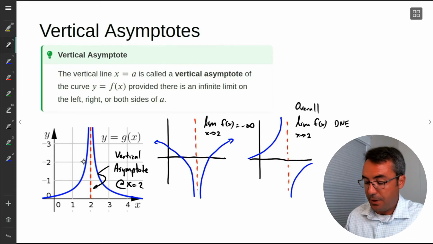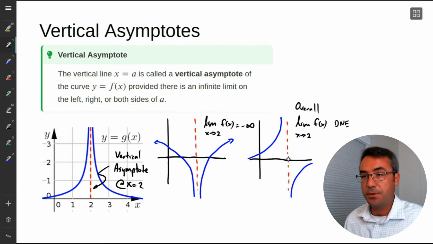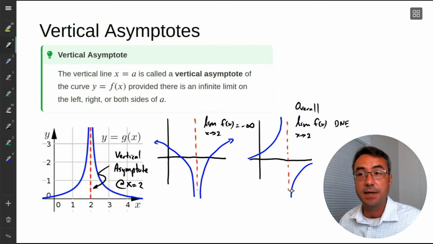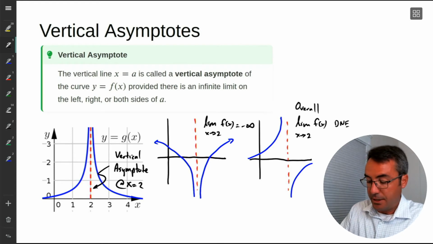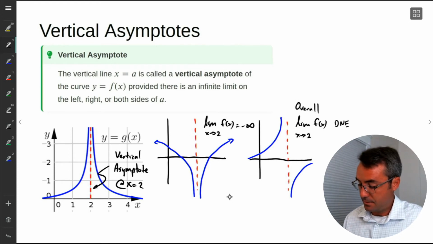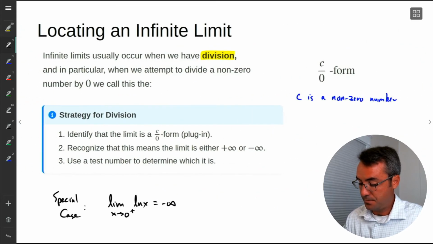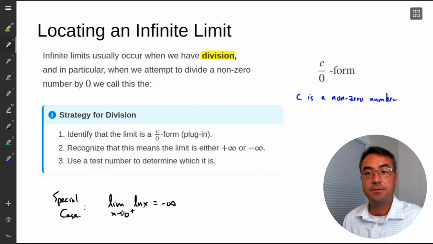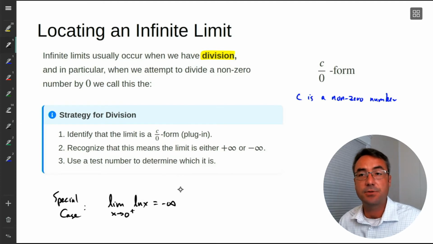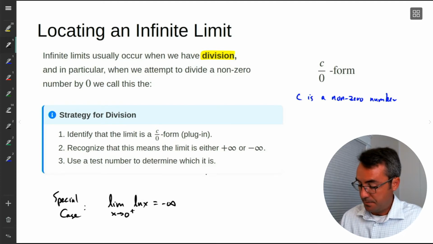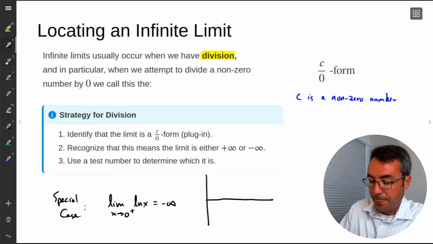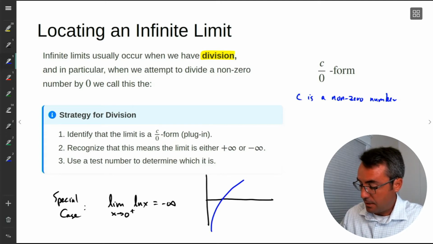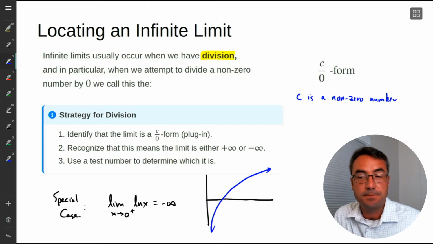And we don't have to have these infinite limits on both sides. It could just happen on one of the sides. So with the special case of natural log, what does the graph of natural log look like? This is one of those graphs. It's going to be helpful to know. The graph of the natural log, and most of our log functions, looks like this.